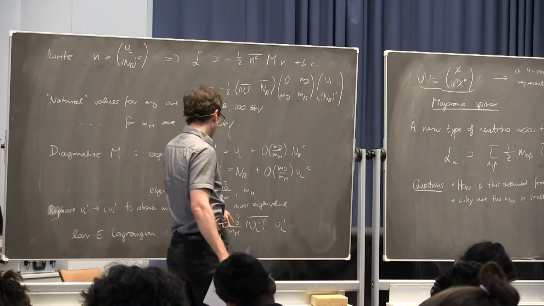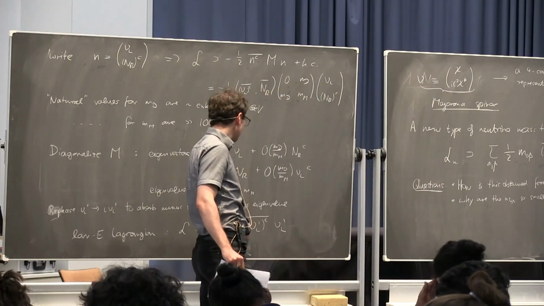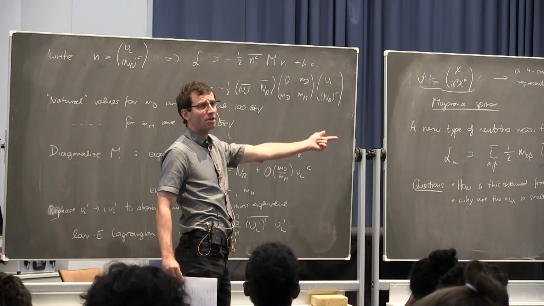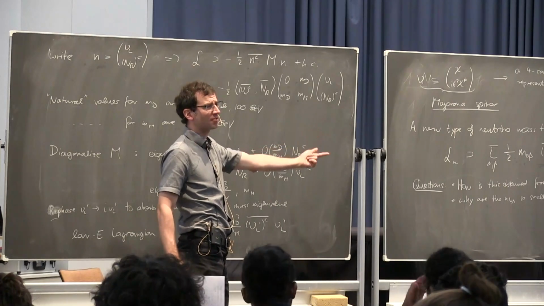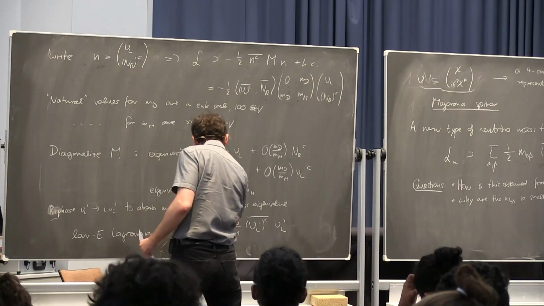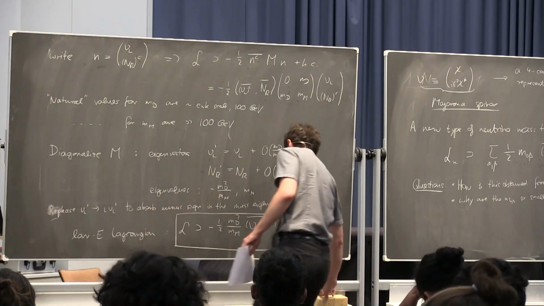So we've generated a Majorana mass term for the left-handed fields. We've done so by starting from a theory that was SU(2) invariant, so we've solved that problem, and we have automatically obtained a coefficient here that is naturally small, whatever naturally in this context means.